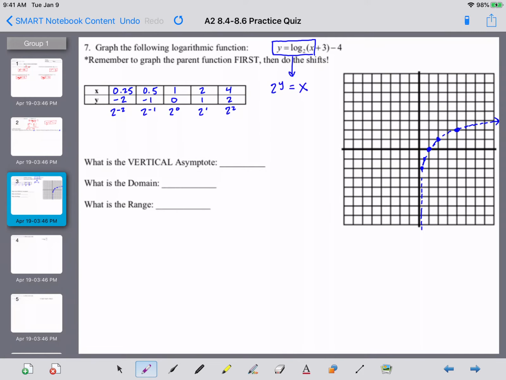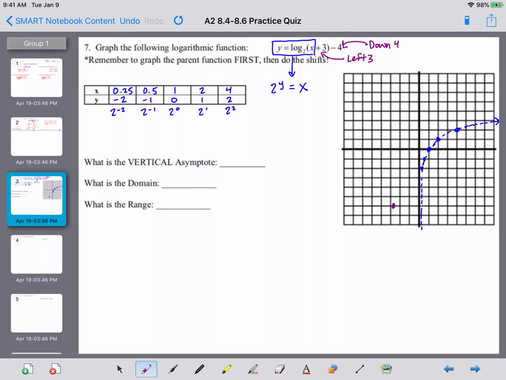This right here inside the parentheses means we're going to move all those points left 3. And then this minus 4 out here means we're going to move them down 4. So let's go ahead and take the points and move them. This first point left 3 and down 4. 1, 2, 3, 1, 2, 3, 4 ends up being right there.